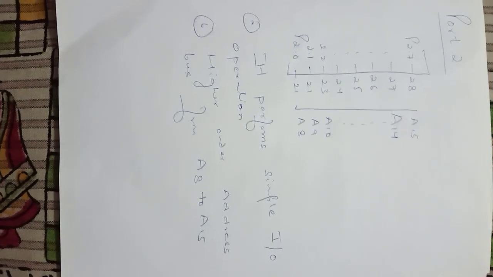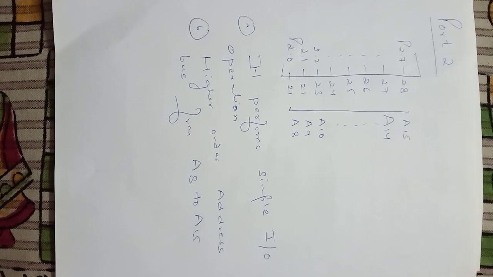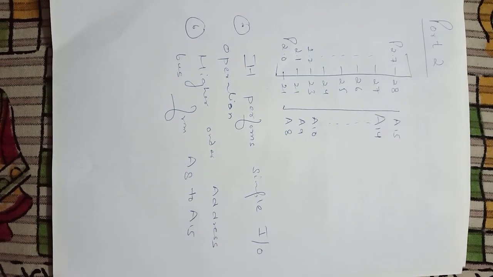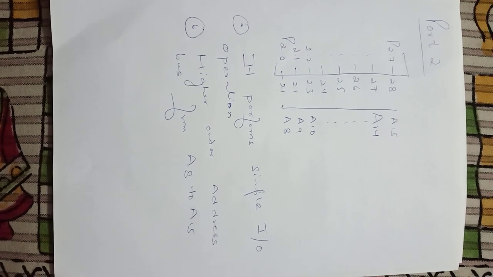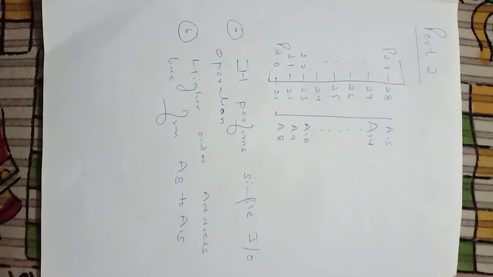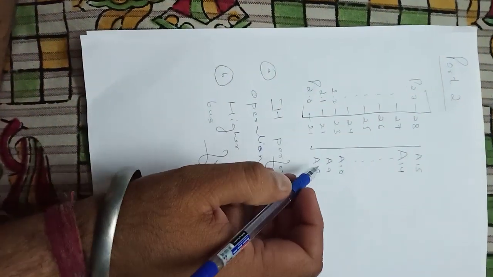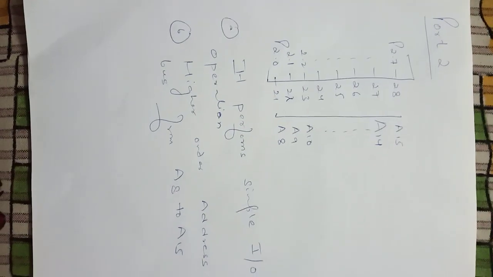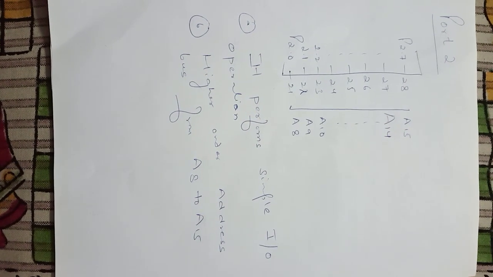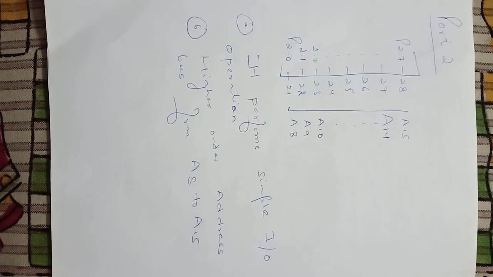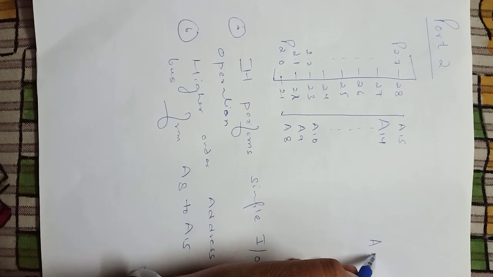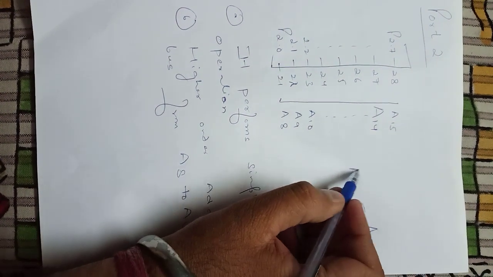In context to port 2, again it has a dual job. The pins for port 2 are from pin number 21 to 28. It is used for simple input output as well as for the higher order address bus, that is from A8 to A15.